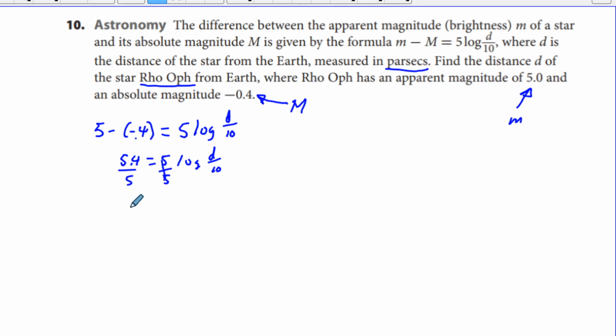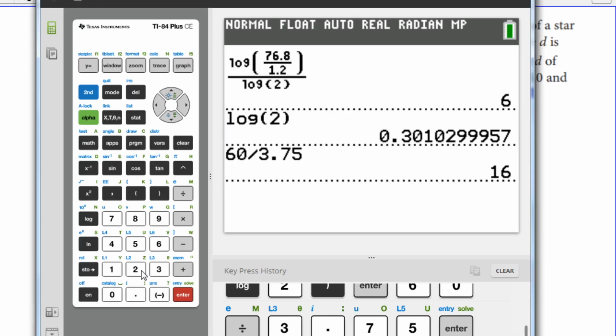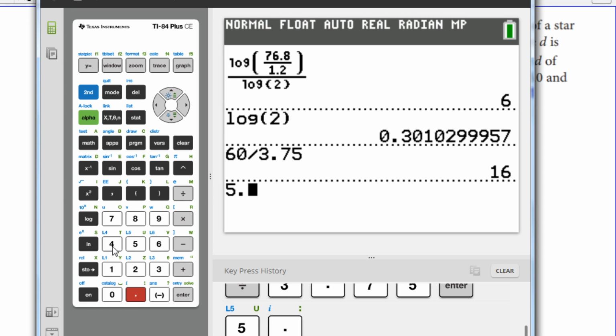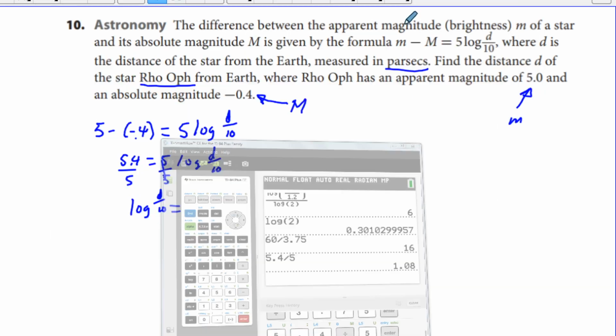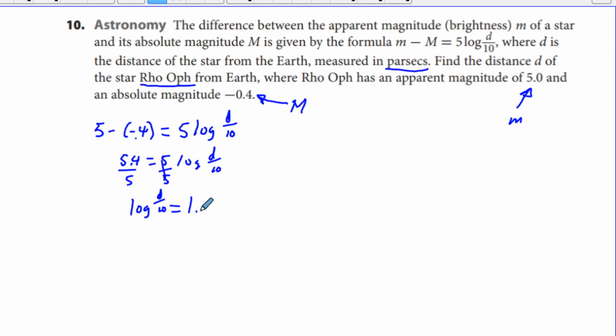So we have log of d over 10 equals 5.4 over 5. I'm going to just go ahead and calculate that to make it easier. 5.4 divided by 5 is going to be 1.08. I should have known that. 1.08.